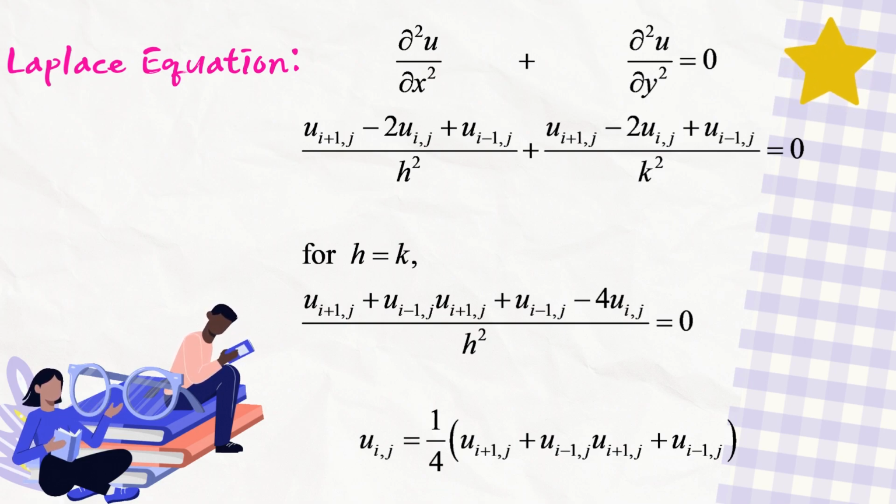So we just substitute what has been formulated, and after substituting, the second line is obtained. Then, suppose that the distance h is equal to the distance k, then the fourth line is obtained. And in order to solve for the point u(i,j), we can rearrange and obtain the formula as shown on the last line.